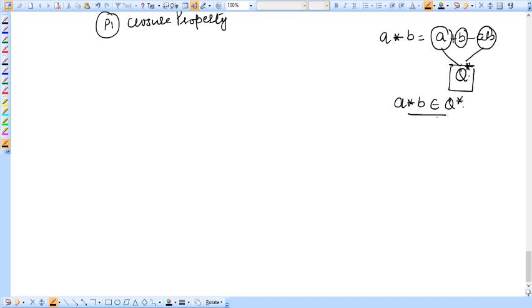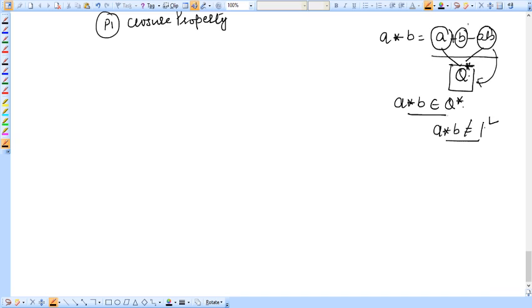We want to show this. In order to show this, we know that this is a rational number, but if we want to show that this belongs to Q star, we will have to show that a star b is not equal to 1.